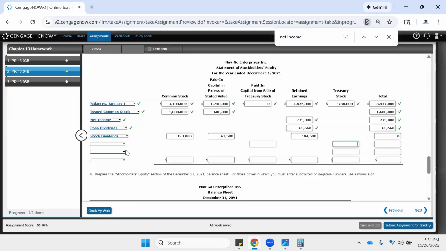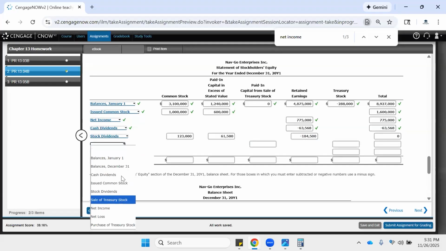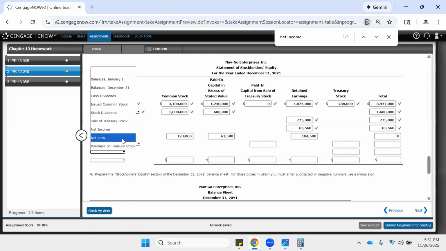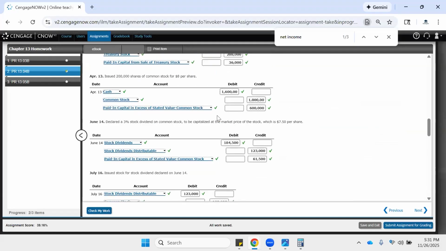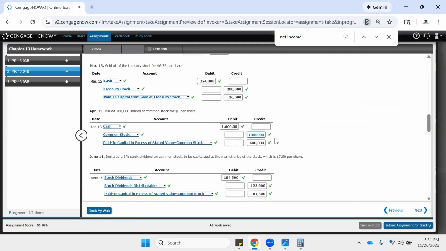The next transaction is reselling treasury stock, so sale of treasury stock, and then purchase of treasury stock is our next one here. And so in our journal entry where we sold treasury stock, we had 288,000.